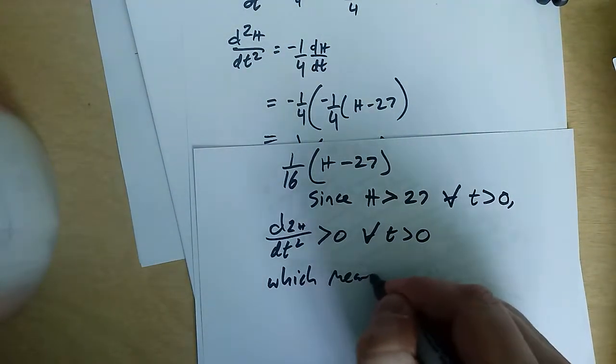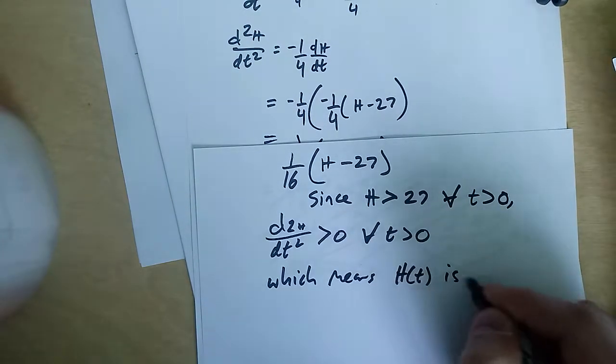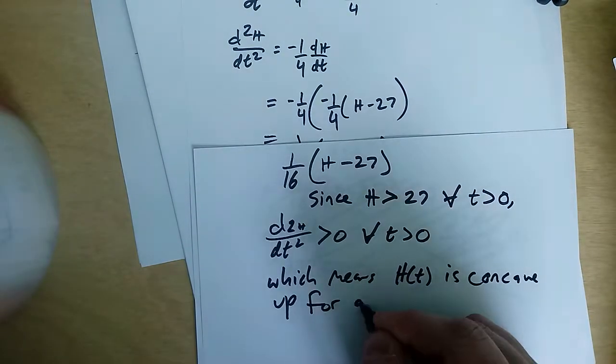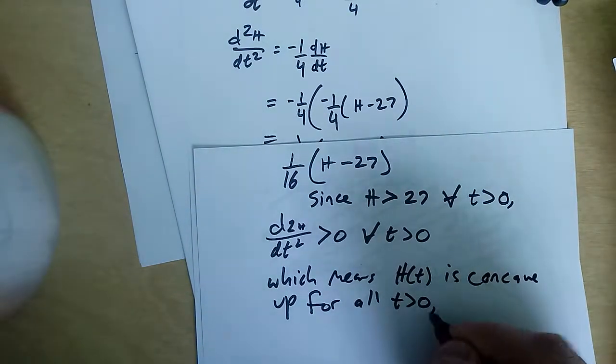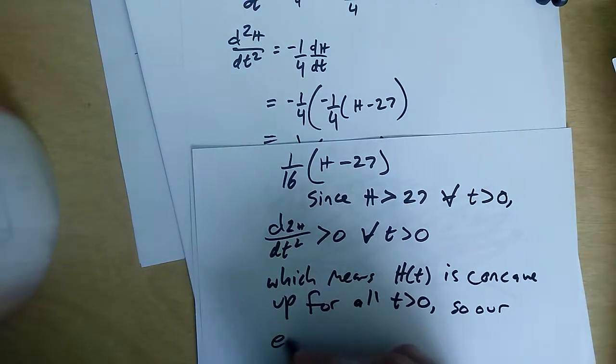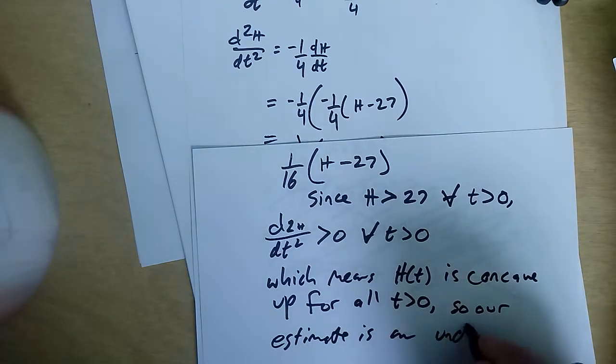Which means h of t is concave up for all t greater than 0. So our estimate is an underestimate.